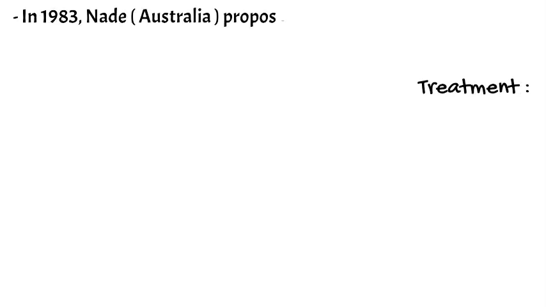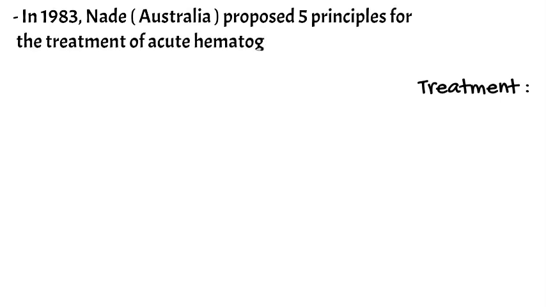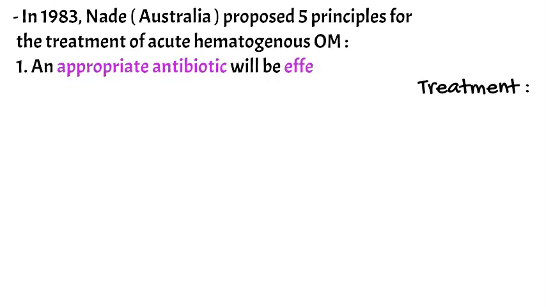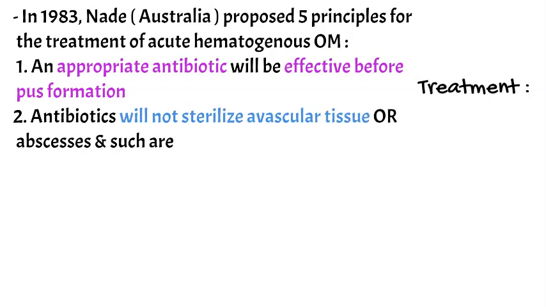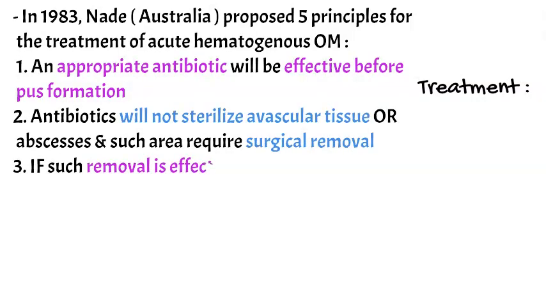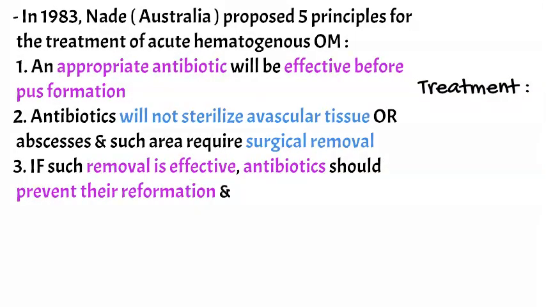Regarding the treatment of acute hematogenous osteomyelitis, in 1983, Nade from Australia proposed 5 principles for the treatment of acute hematogenous osteomyelitis. Number 1, an appropriate antibiotic will be effective before pus formation. Number 2, antibiotics will not sterilize avascular tissue or abscesses, and such areas require surgical removal.